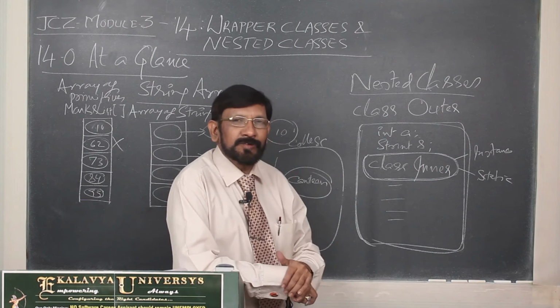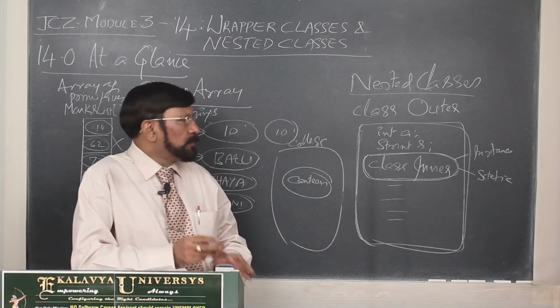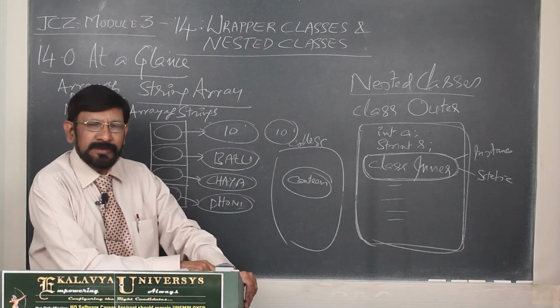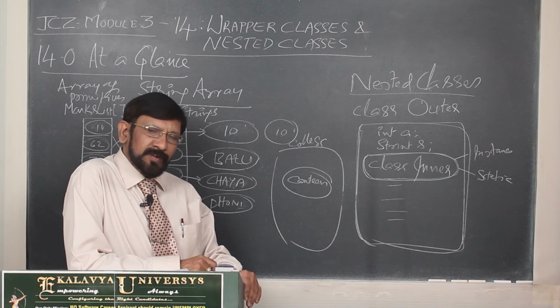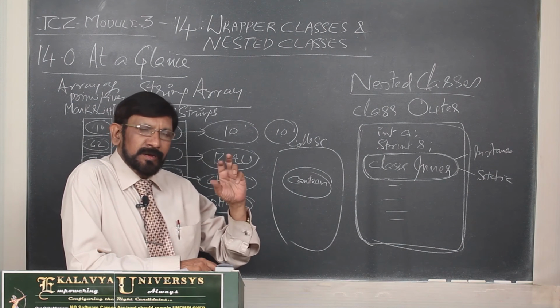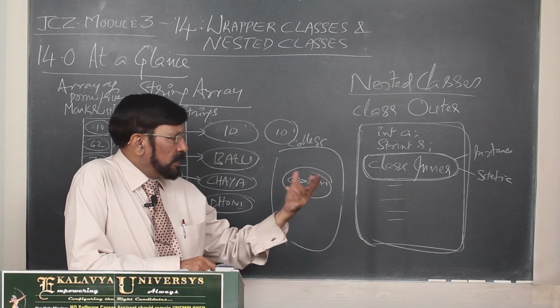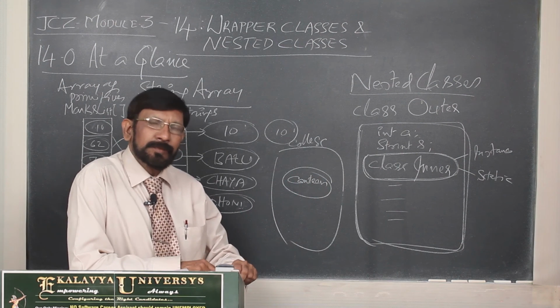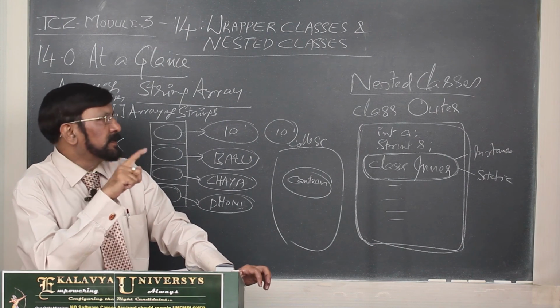That is the difference you have to find out. So, in this chapter we focus on these nested classes, simply we call them nested classes, and their features and functionalities, and how they make the coding simple and how they provide readability to our programs, we can understand in this chapter.